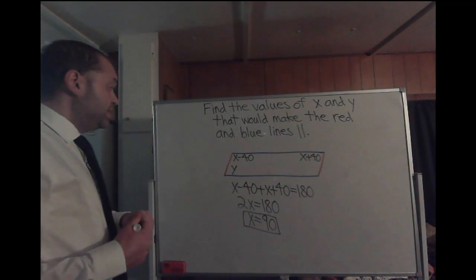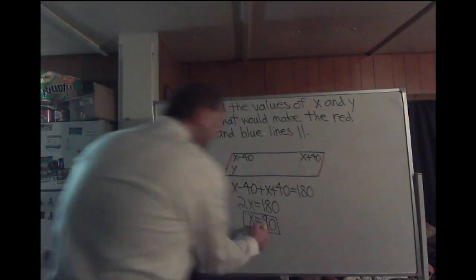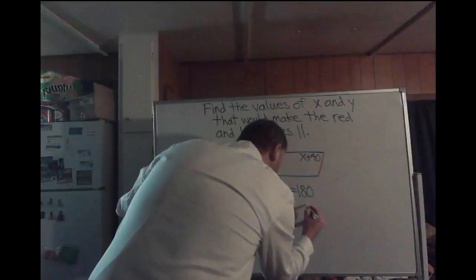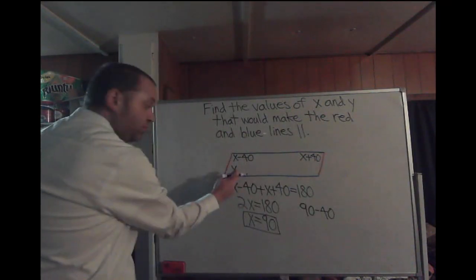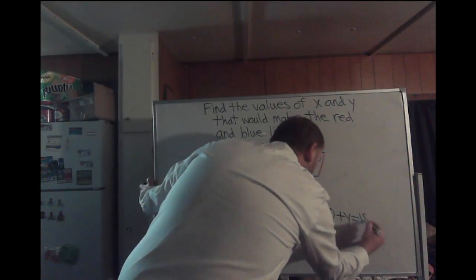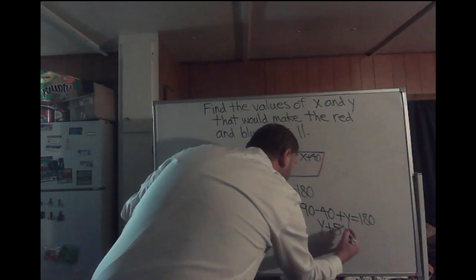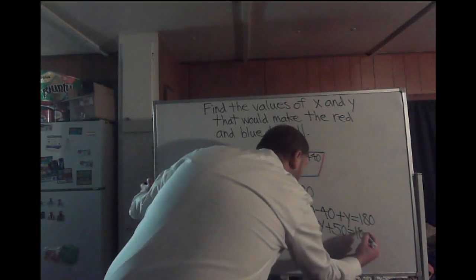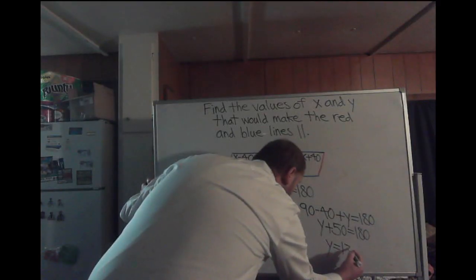So you're going to take that x minus 40, and we'll put in that 90 for x. That would be 90 minus 40 plus your y. You're going to set all that equal to 180, which would mean you'd have y plus 50 equal to 180, which would therefore give you that y equals 130.